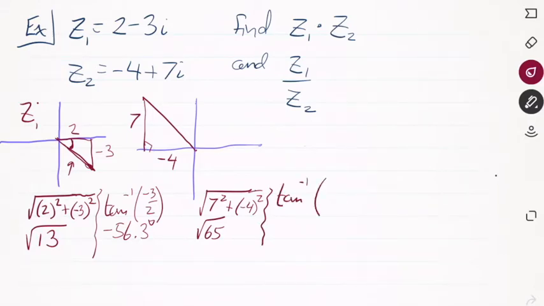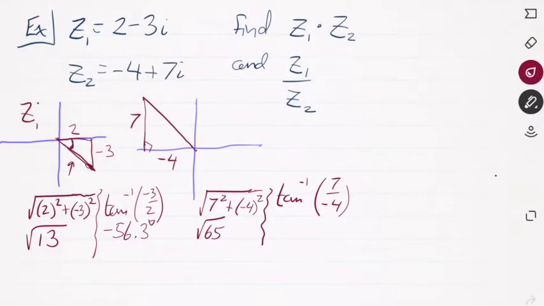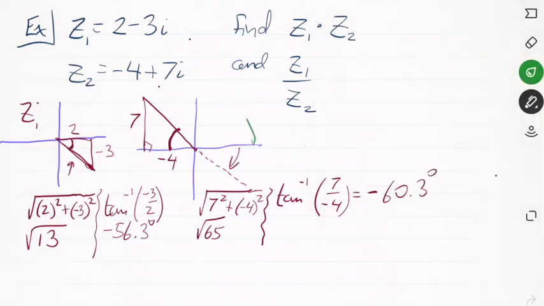So tan inverse of 7 over negative 4, it doesn't matter where that negative sign is going to land, is negative 60.3 degrees. All right, so it initially gives us negative 60.3 degrees. Now remember, you have to be careful. Negative 60.3 degrees is down here in the fourth quadrant. So if this is still negative 60.3 degrees, we need to measure this angle, and that's going to be 180 minus that.